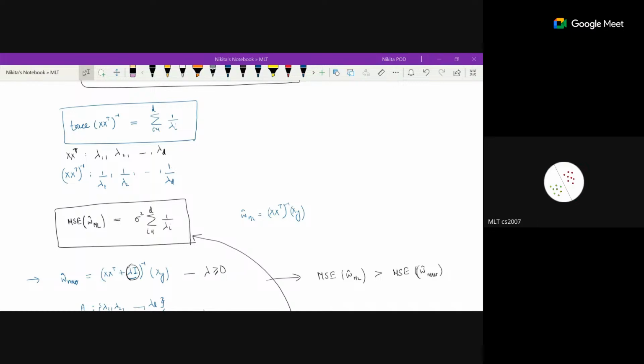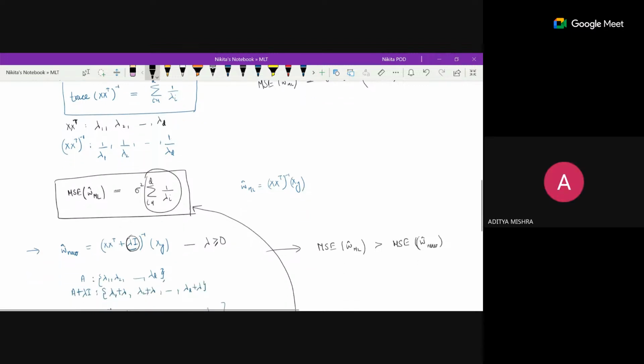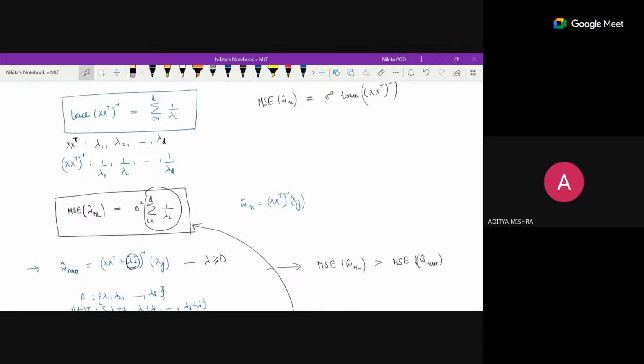So this MSE of my W hat ML is given by sigma square times trace of XX transpose inverse. And the trace of XX transpose inverse is this, right?